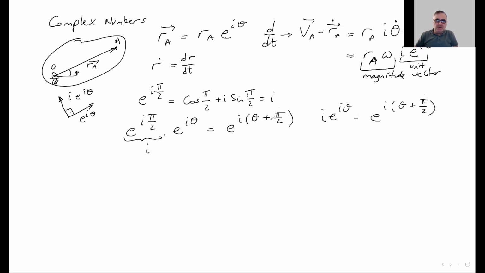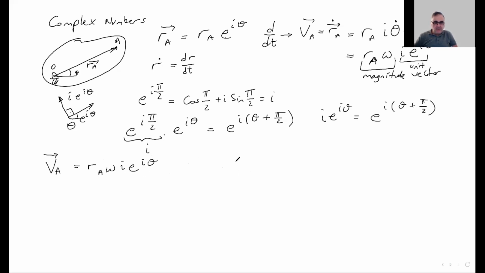Which means a unit vector multiplied by i gives you a unit vector that is rotated 90 degrees. So the velocity VA as a vector can be written as RA times omega times i e to the i theta.